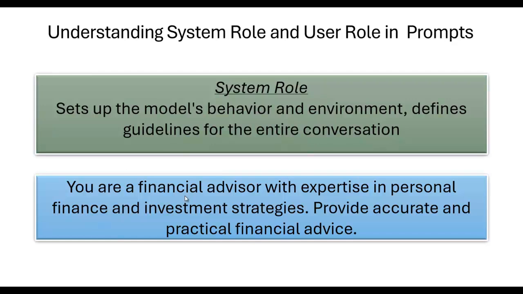And here is an example of a system prompt or system role. You are a financial advisor with expertise in personal finance and investment strategies. Provide accurate and practical financial advice. So here we are setting the system role, which defines guidelines for the entire conversation.